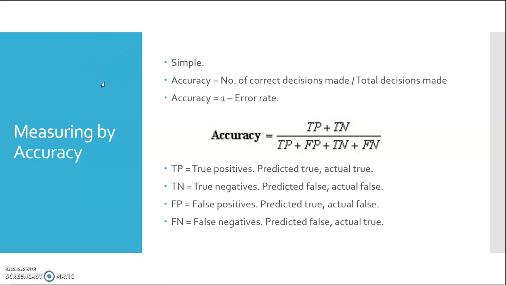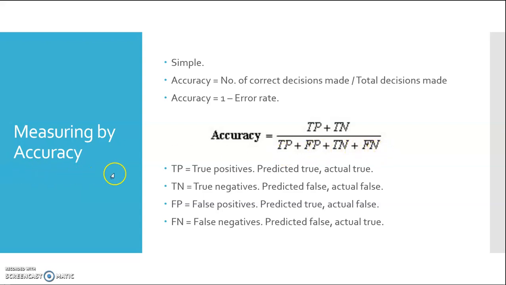Accuracy is the number of correct decisions made, meaning that we predict them to be correct and it is actually correct, therefore a true positive and a true negative, divided by the total decisions made, which is all of the predictions, or all of the data set, which is true positive, false positive, true negative, and false negative.